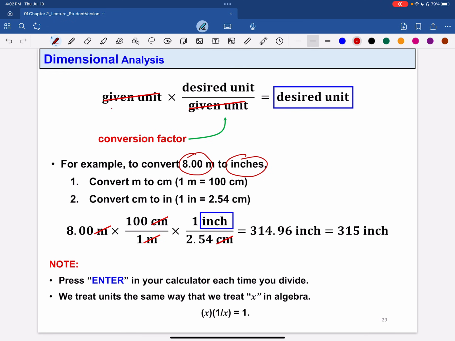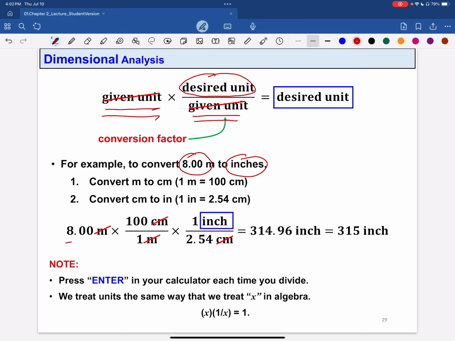Now, if we start with a given unit, then the given unit will be in the denominator and the desired unit will be in the numerator so that the given units will cancel out. In short, you arrange the conversion factors so that the denominator in one term cancels the numerator in the preceding term.